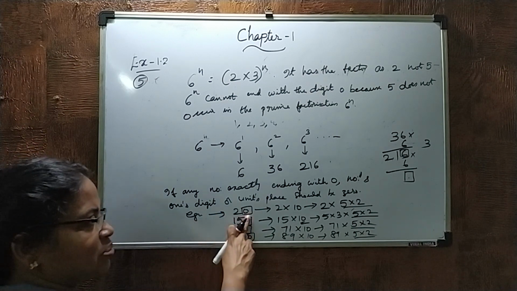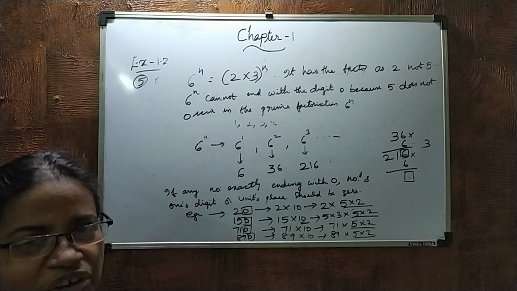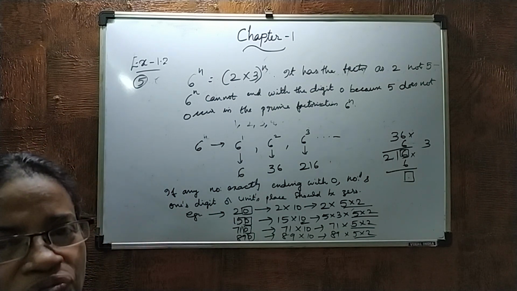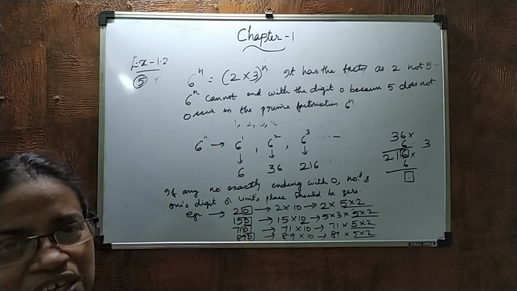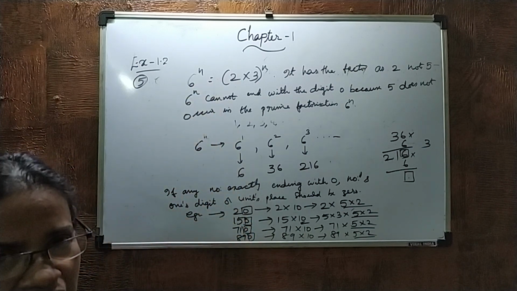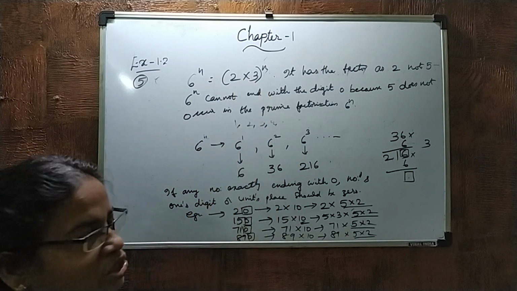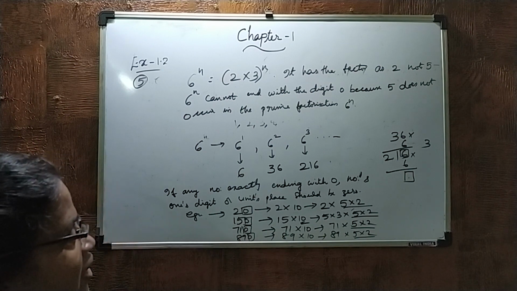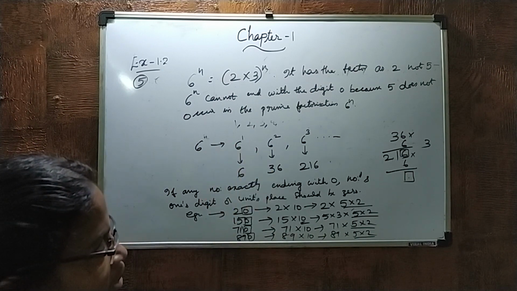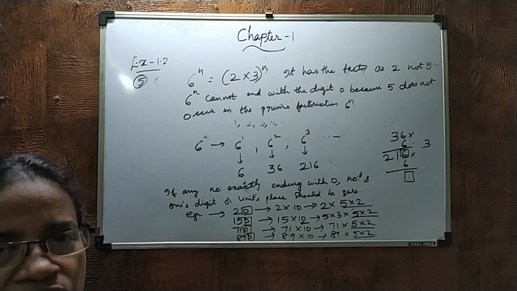If there is 0 in the ones place, there should be factors 5 into 2 or 2 into 5. So what you have to do is just split the number. 6 raised to n can be written as 2 into 3, and there is no 5 there. So you can just say the factor is 2, not 5. And 6 raised to n cannot end with the digit 0 because 5 does not occur in the prime factorization of 6 raised to n.